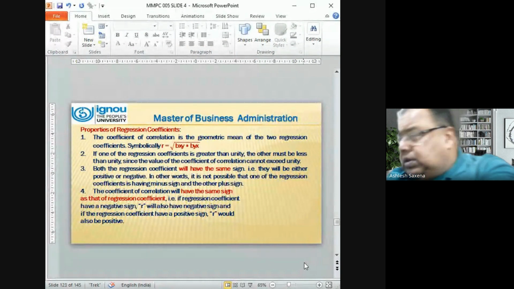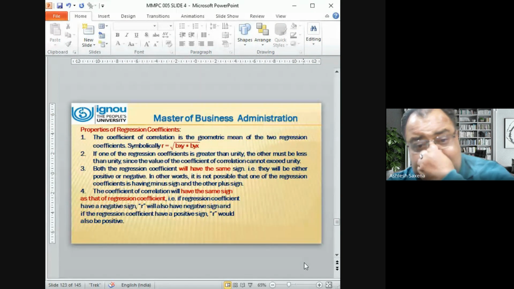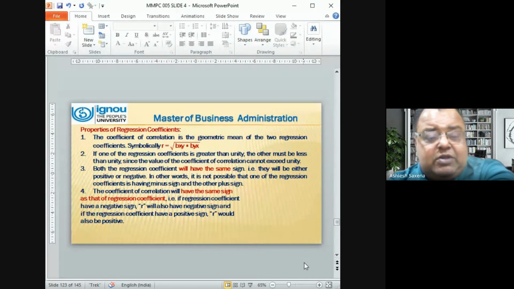What are the properties of regression coefficients? The coefficient of correlation is the geometric mean of the two regression coefficients. That means r is equal to the square root of bxy into byx.